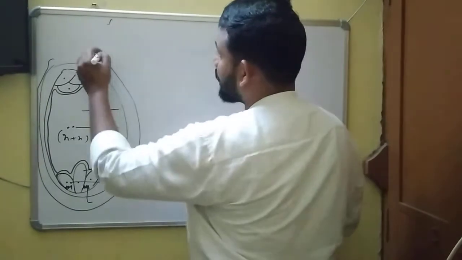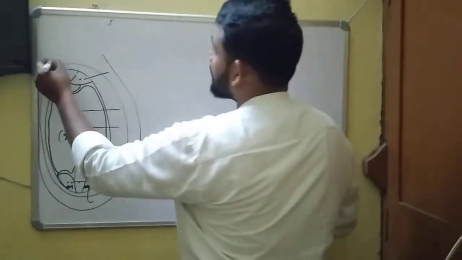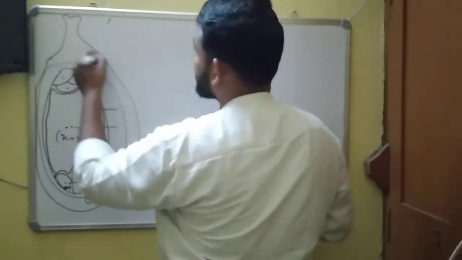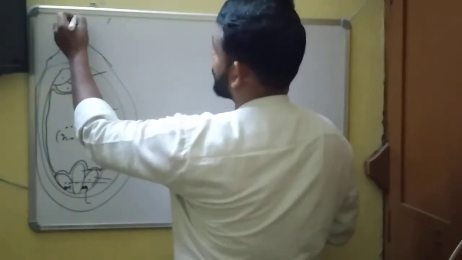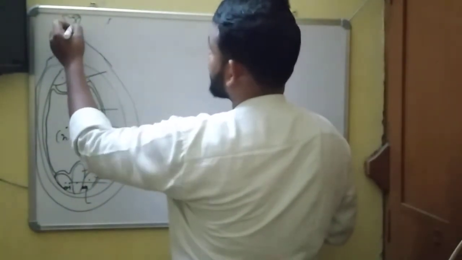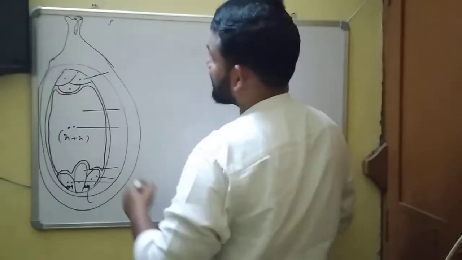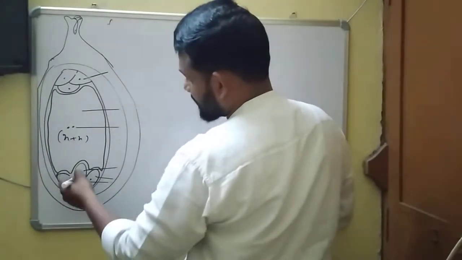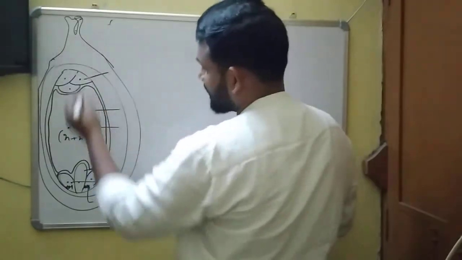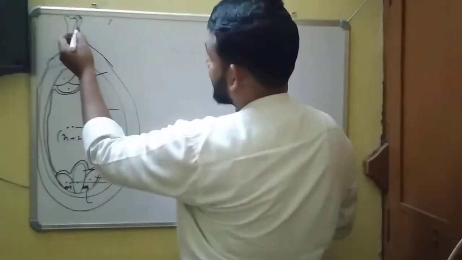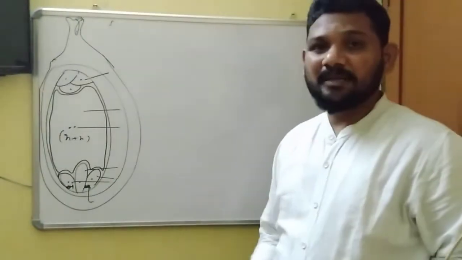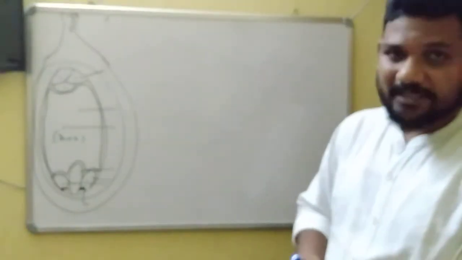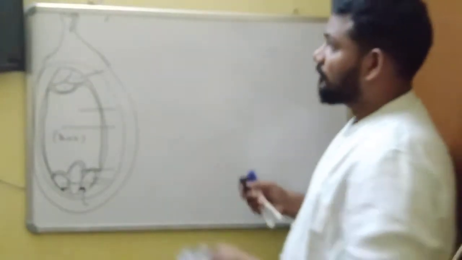The ovary is a part of the carpel: this is the ovary, this is the style, and this is the stigma. The pollen tube develops here and carries 2 male gametes, moving towards this region. One male gamete fuses with the egg cell and the other male gamete fuses with the secondary nucleus. So this female gametophyte or embryo sac is the site for fertilization.